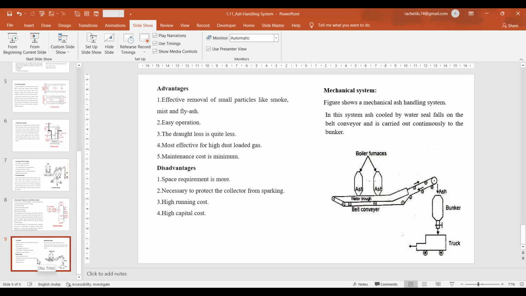Nowadays this ash is being widely used, for bricks and other purposes, and is very useful. Initially it was not much known. Now this ash is widely used in the preparation of bricks.